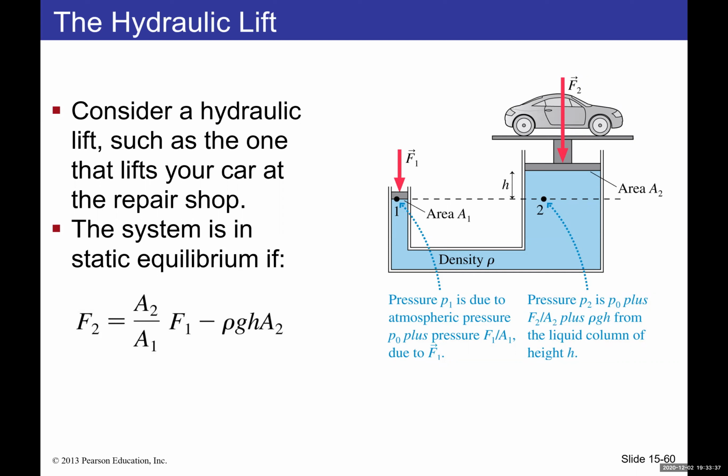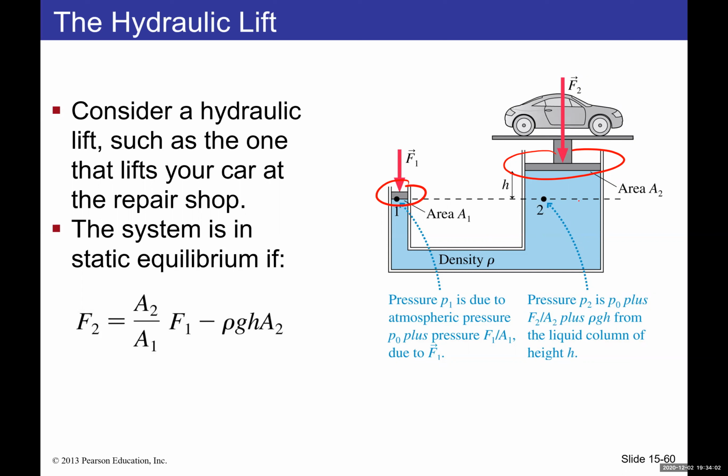So for example, a hydraulic lift is a very good example of that. A hydraulic lift includes some kind of fluid that is enclosed between two pistons. Let's say here you have piston one, and here you have piston two. The idea is that some kind of liquid with density connects point one and point two.